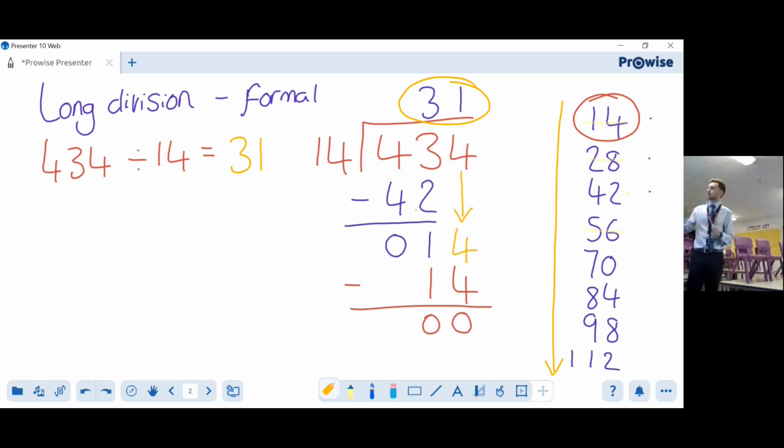So there are quite a few different little parts to that one, but it probably is slightly quicker. It's up to you which method you prefer, and if you would like me to do any more examples, let me know, because you will get slightly trickier questions as well. It's just a good one to introduce you to both the different methods of long division.